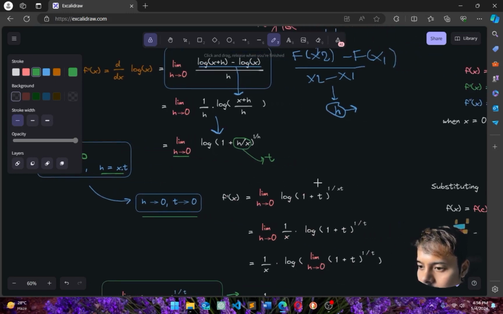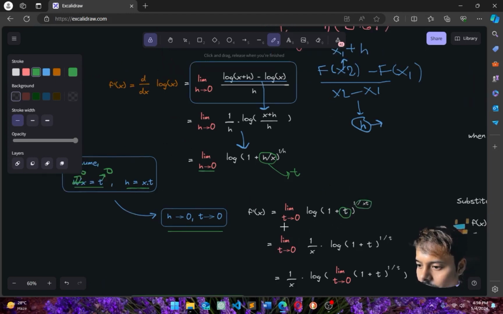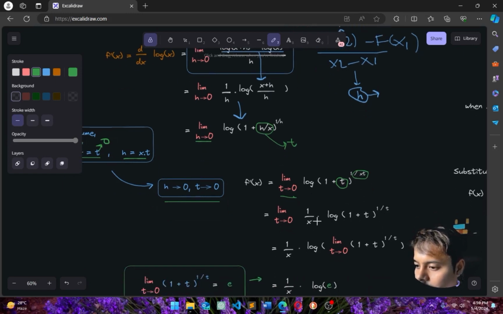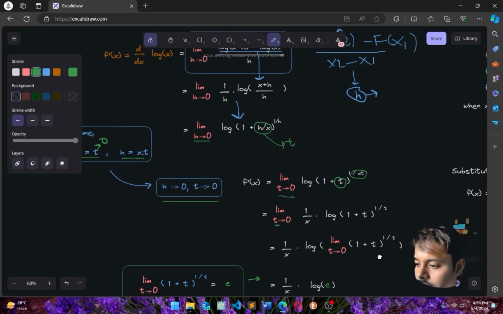When we substitute h equals xt, t tends to 0. We simplify: the 1 by x comes out, leaving 1 by t log of the expression, and this 1 by x is a constant because we are dealing with the variable t right now, so we are only interested in t.